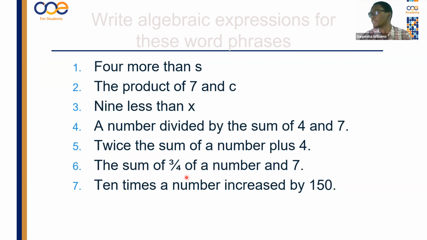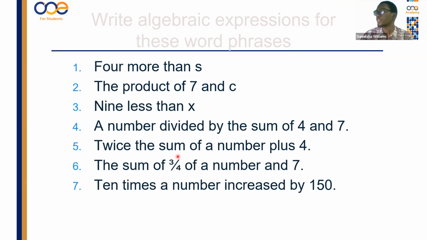We have the sum of 3 over 4 of a number and 7. So for this one, we don't actually need to put brackets, but it's a good practice to put brackets when you have multiple operations happening.